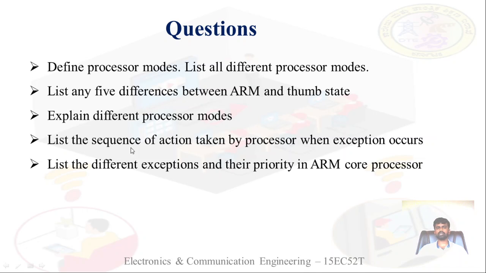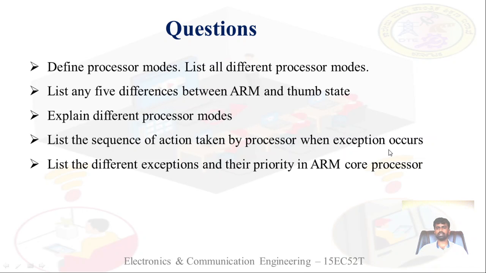Then list the sequence of actions taken by the processor when an exception occurs. There are some steps, right? When an exception or interrupt occurs, the processor takes some necessary actions: CPSR is saved into SPSR, then PC is saved to the link register, then CPSR is set for exception handling, then PC is set to the address of the exception instruction.